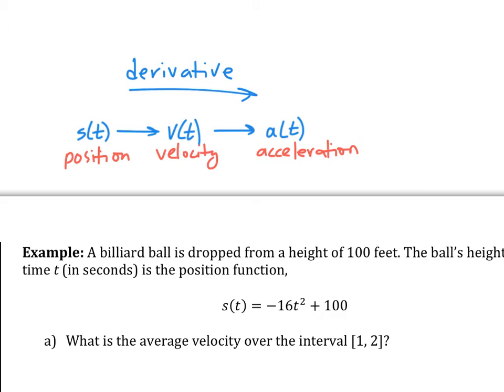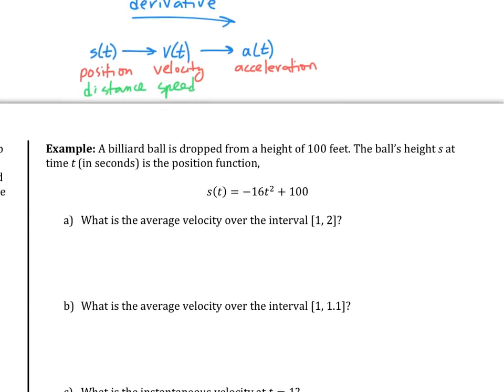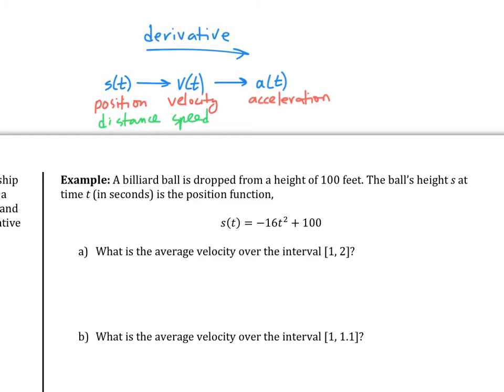And then we'll talk about how position is different from distance later. They're actually similar but a little bit different. And how velocity is different from speed later, unless it shows up in this problem, but I don't think it will. So anyways, just remember, to get from position to velocity, you take the derivative. To get from velocity to acceleration, you take the derivative.